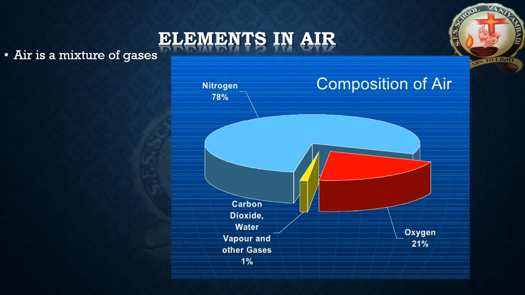Now we are going to see a mixture of gases, a mixture of air. Air is one of the beautiful examples of a mixture of gases because air has a number of gases in its composition.